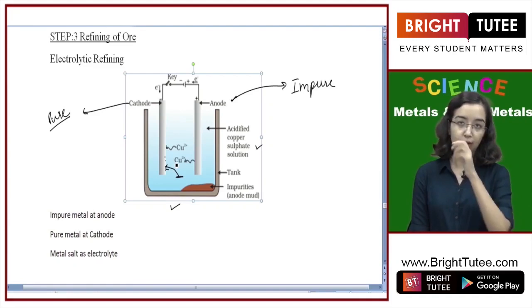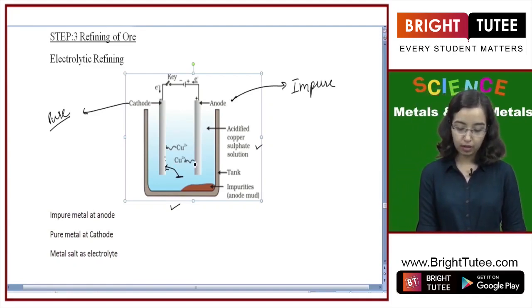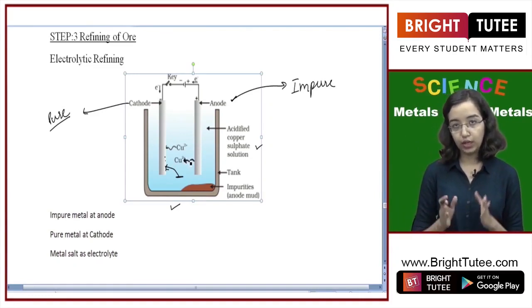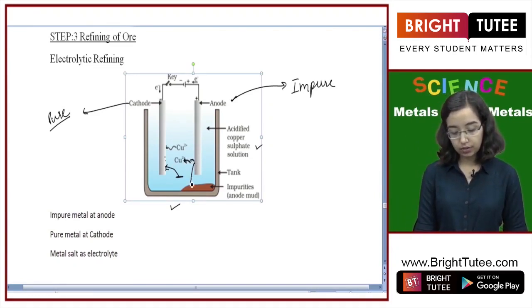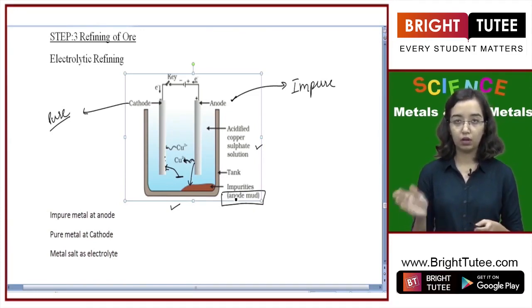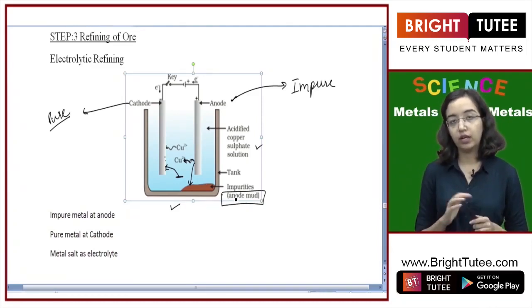So it's getting deposited on the cathode and becoming thicker. In this process, when it was going from the anode to the electrolyte, the dust was released and it started settling at the bottom. This is called anode mud. So the impurities that were present, which got broken apart when the anode was dissolving in the electrolyte, get deposited at the bottom when they are insoluble.